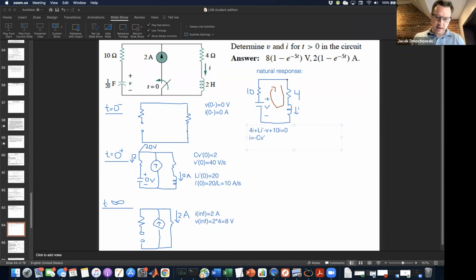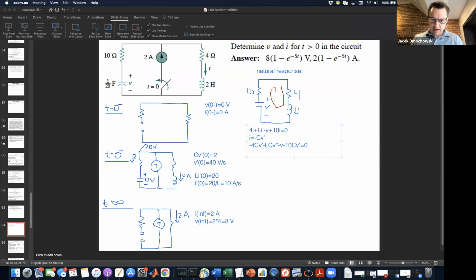And what I end up with is minus 4CV prime. I'm just going to leave the L's and the C's in there for now. I'll put them in just a minute. Minus LCV double prime minus V minus 10CV prime is equal to 0. I plugged this directly into here.